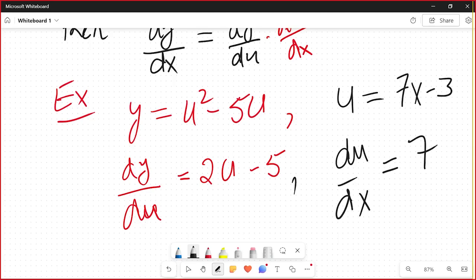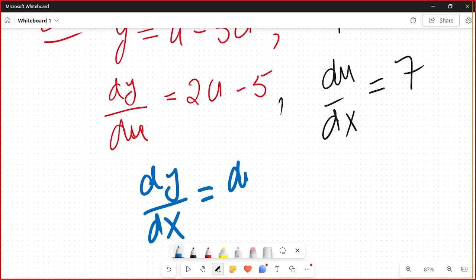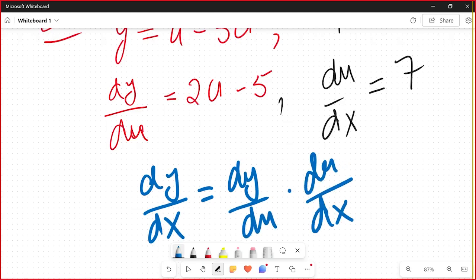And our chain rule says dy upon dx is equal to dy upon du times du upon dx, right? There is one hint here. dy upon du was 2u minus 5.